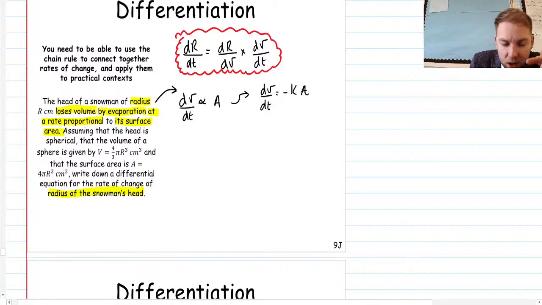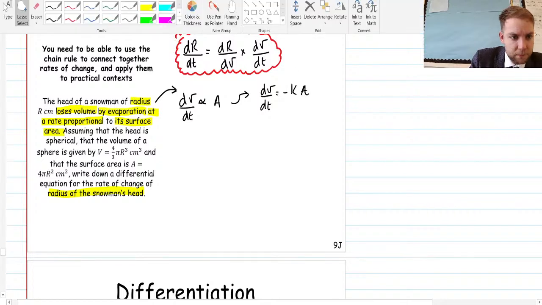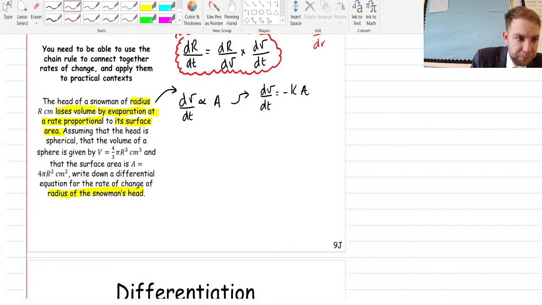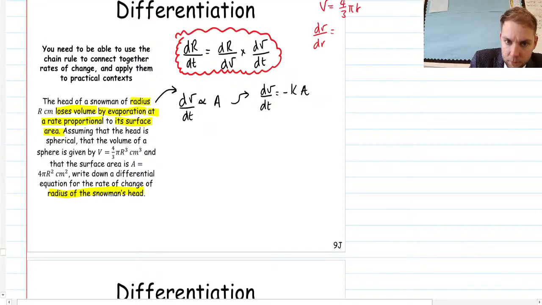Now we've got to find dr by dv first. We can't find dr by dv directly, but we can find dv by dr. So dv by dr is equal to, well, first of all, I know what v is, don't I? I know that v is equal to 4/3 pi R cubed.